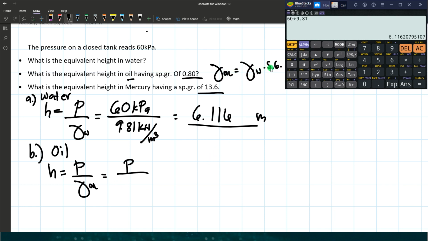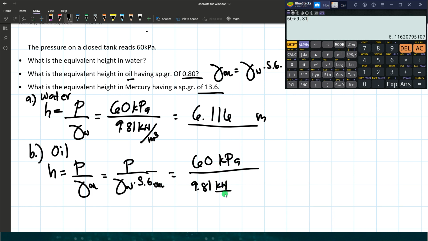So we can rewrite this as unit weight of water times the specific gravity of oil. Okay, so we have a pressure of 60 kilopascal to be divided by 9.81 kilonewtons per cubic meter, unit weight of water, times specific gravity of 0.8.